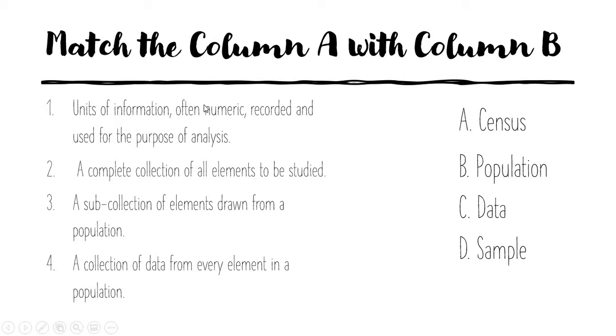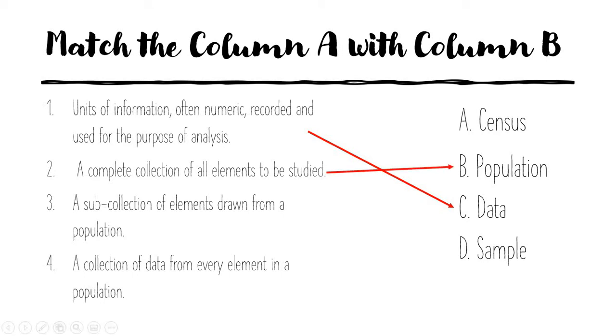For number 1, units of information, often numeric, recorded, and used for the purpose of analysis. So, these are the data. Okay? For the singular, it's datum. Next, a complete collection of all elements to be studied. So, complete collection. That is population.